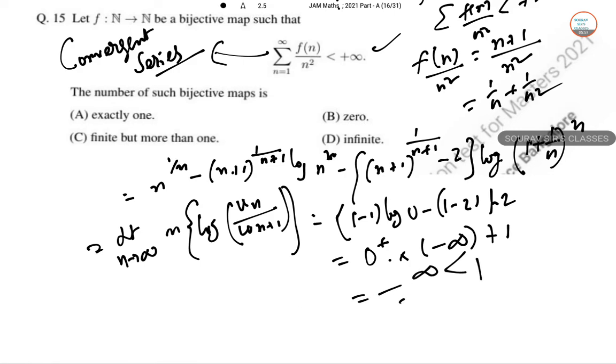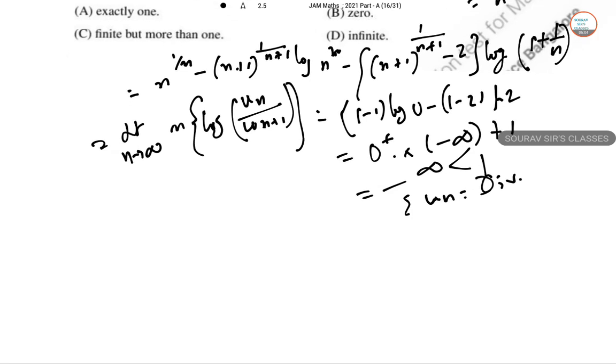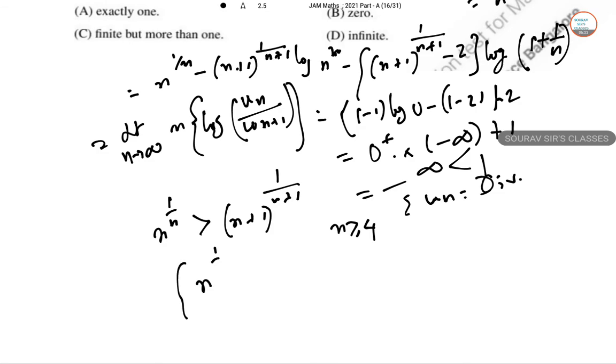So obviously the summation of u_n in this case is divergent. Now n to the power 1 by n is greater than (n plus 1) to the power 1 by n plus 1, but this is for those values where n is greater than or equal to 4. So this is greater than 0.